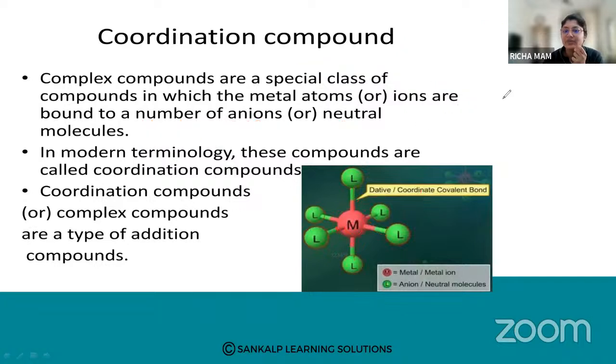So if anybody asks you what is a coordination compound, it is a special class of compound in which the metal ion is in the center and surrounded by ligands, and these ligands are either anions or neutral molecules.